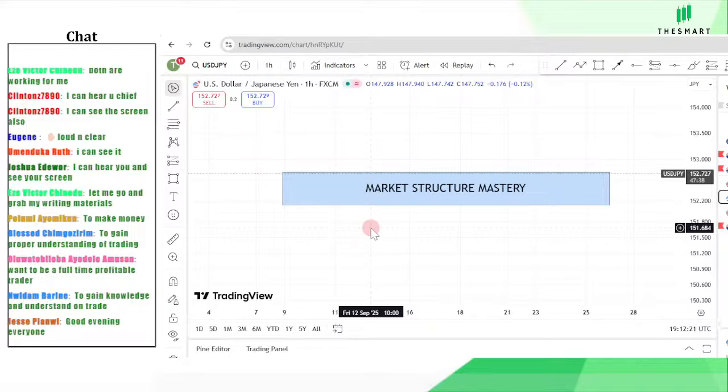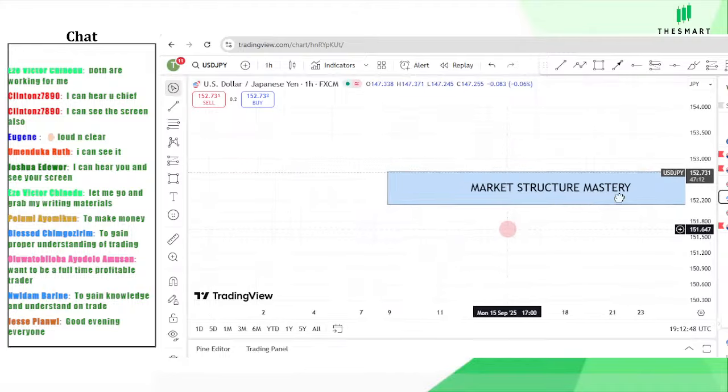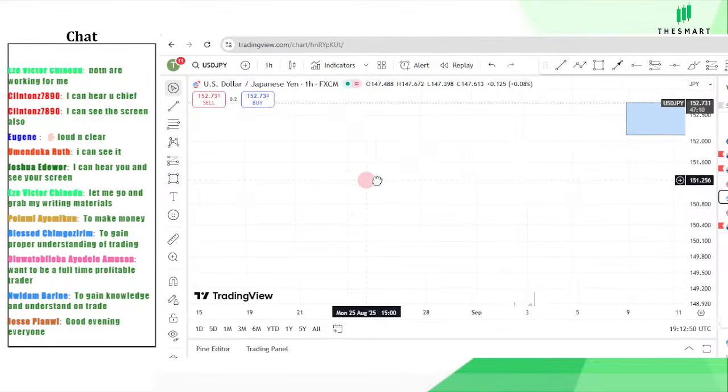In simple terms, market structure is the way the market moves. You don't need to complicate it. All right, so now let me go to our chart so we get to understand what I mean by that.